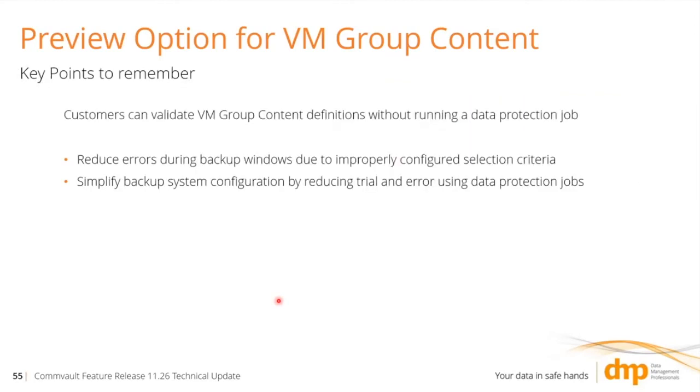So key points to remember, you can validate the VM content and also test without running a data protection job. It reduces the errors during the backup window because you've already tested it before. And you can simplify the backup system configuration by reducing the trial and error with the protection jobs.